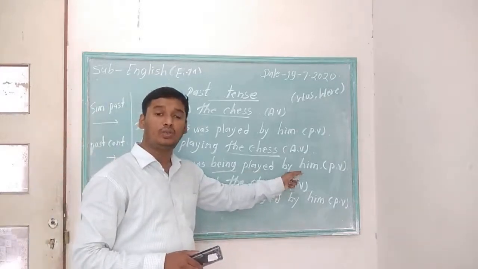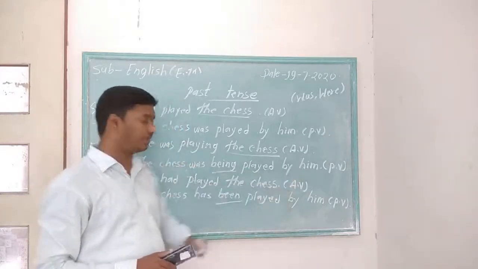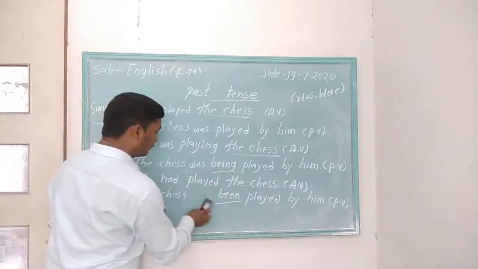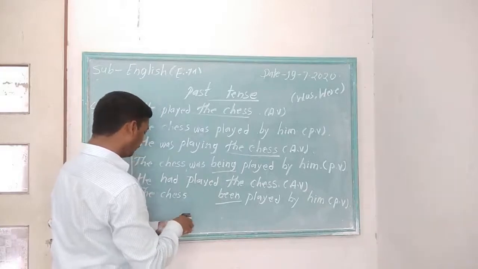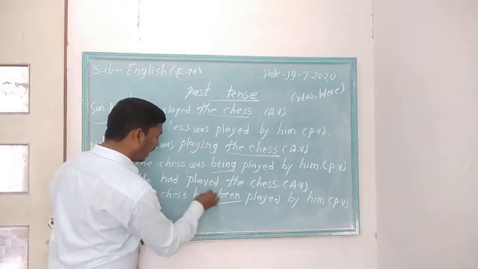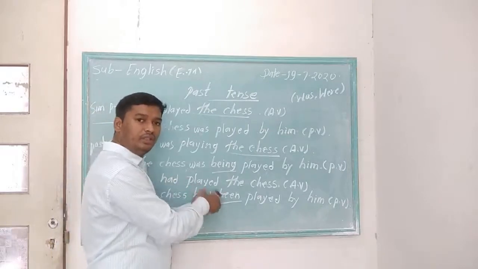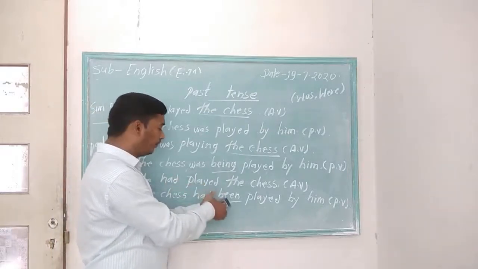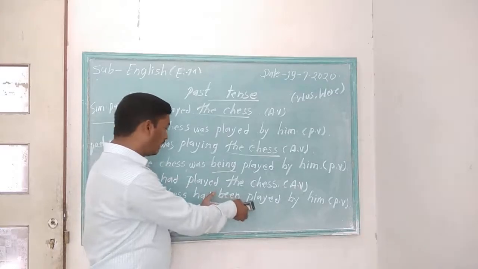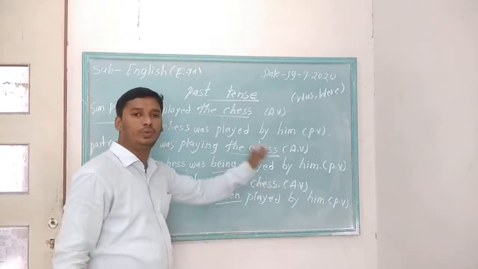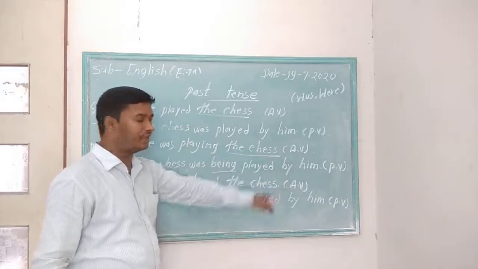Now look how to convert it into passive voice. First take the object, the chess. Then take the auxiliary verb had. It is in perfect tense, so take "been". After that, the past participle of the verb, then take by, then he into him. It is now in passive voice.